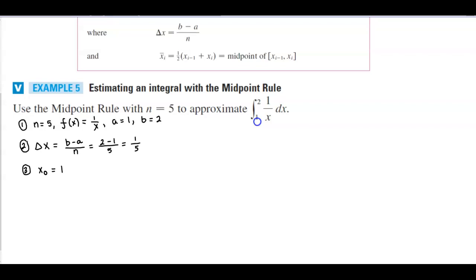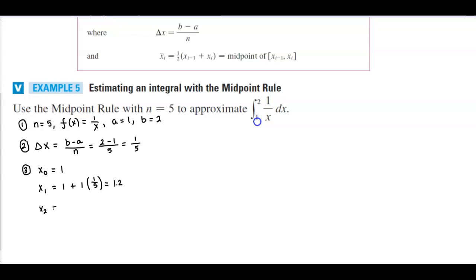Now when we want to find x subscript 1, that's going to be x subscript 0, which is 1, plus 1 times 1/5. So 1 plus 1/5 gives us 1.2.